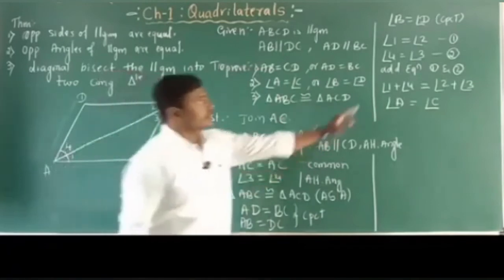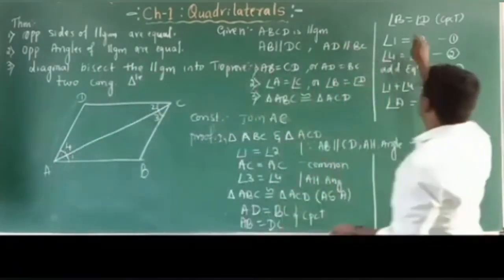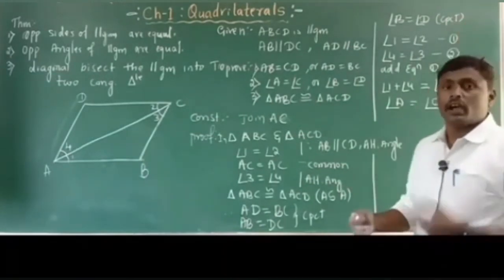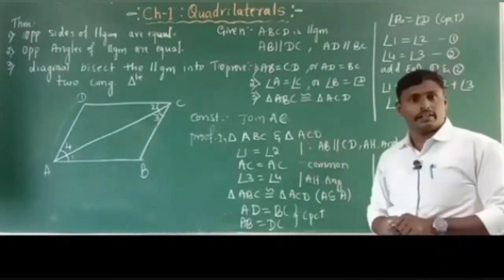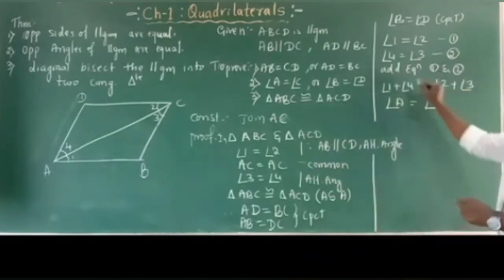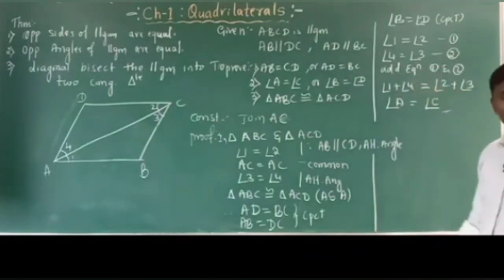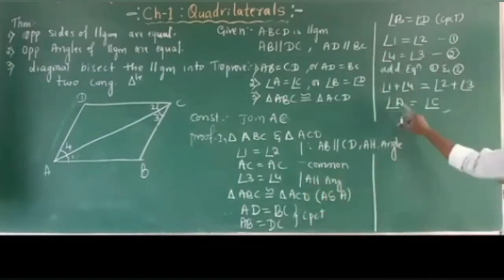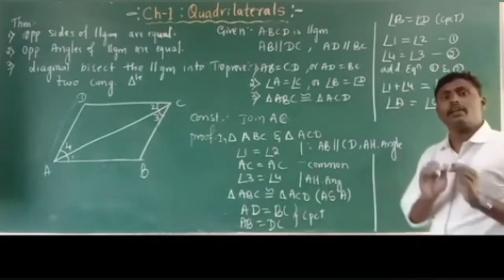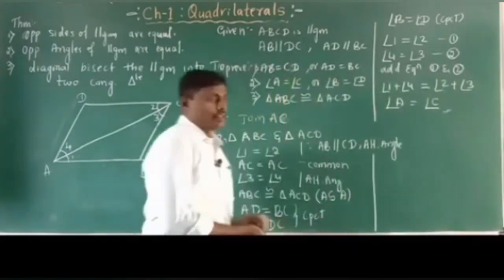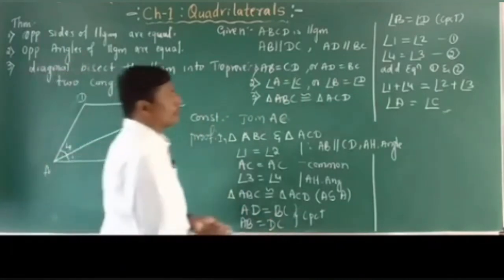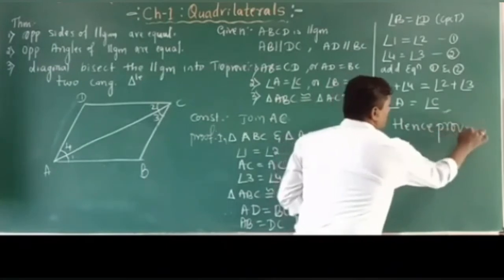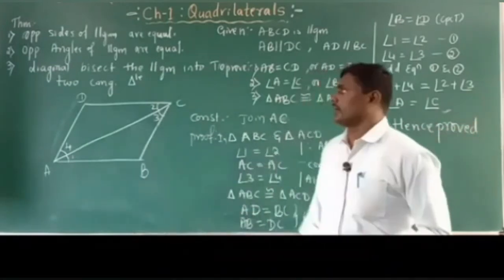Next, we proved angle B is equal to angle D by CPCT, and by considering the alternate interior angles, we proved one more pair of opposite angles equal, that is angle A equals angle C. So this is the complete proof of the given theorem. Hence we proved the given statements.